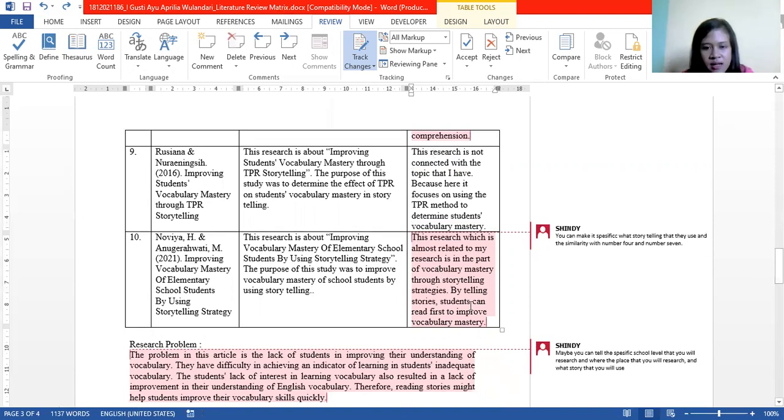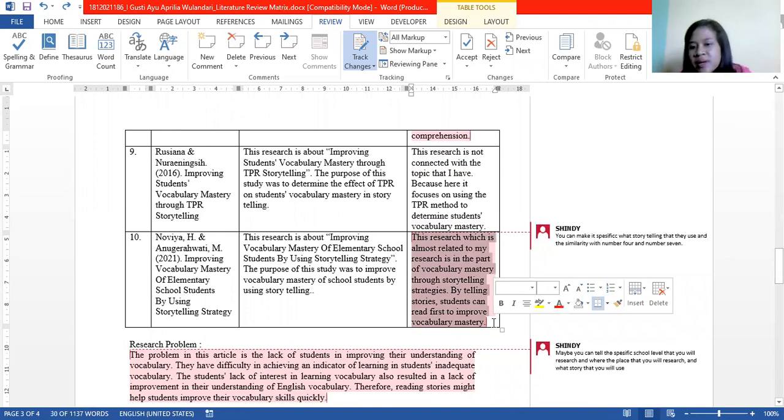And the last one is number 10. And also you can make it specific what storytelling they use. Maybe it is too much that I tell you about the specific one, because I believe that every article has a different strategy and different media, and you must make it your personal note to make it easier for you to make your research topic more specific, and more different or maybe similar to the other articles, because we cannot research the same topic as the other article.